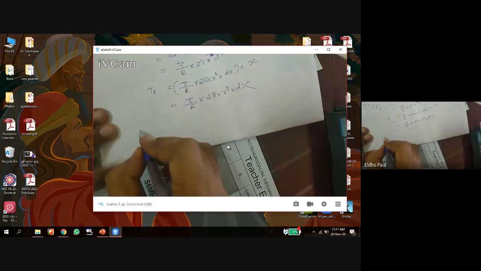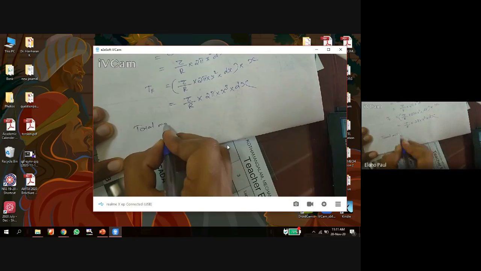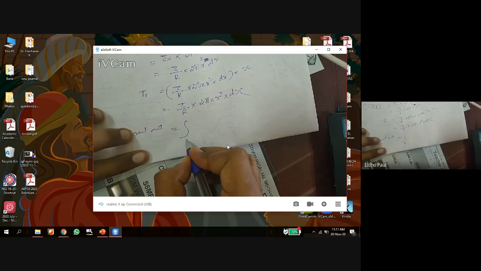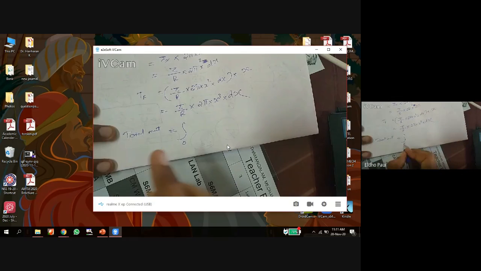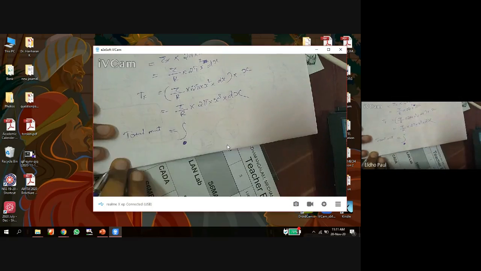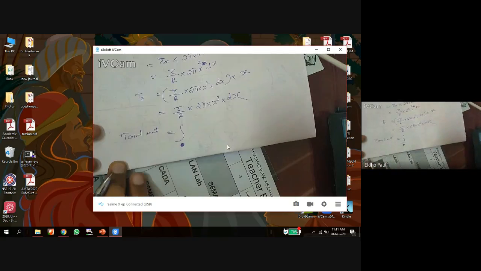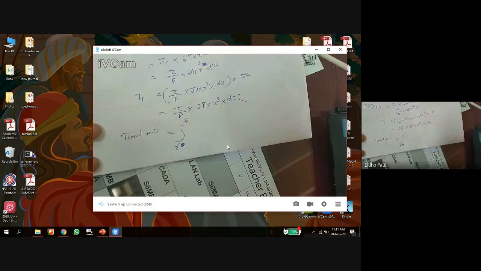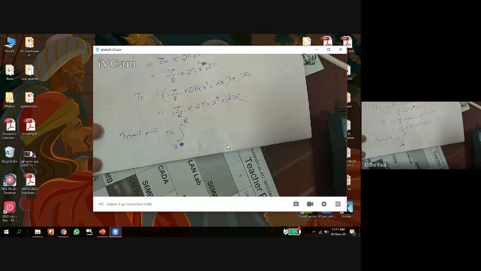The total moment is equal to the integral of tau by R into 2 pi x cube dx. What is the range? In the previous derivation it was from 0 to small r.